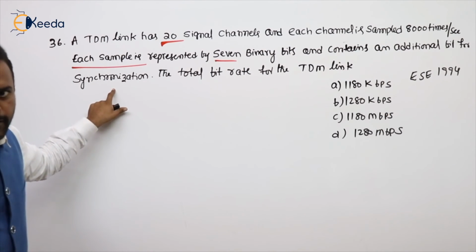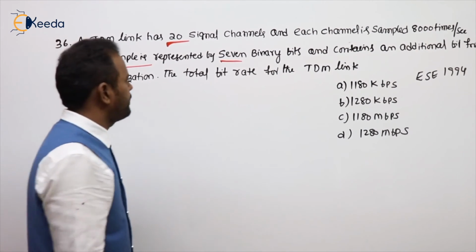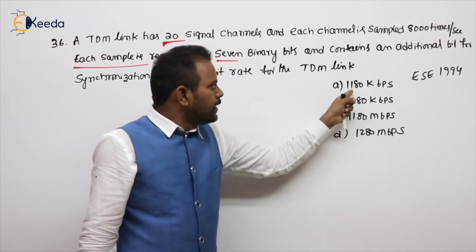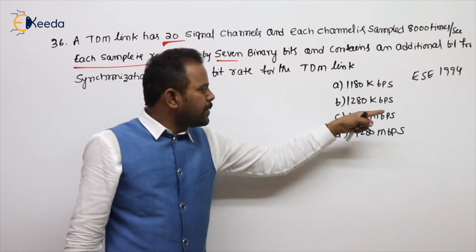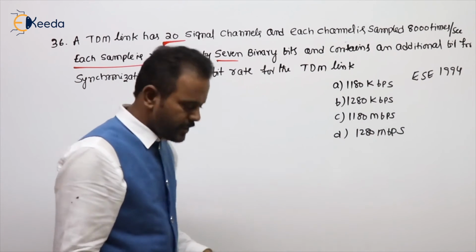Are you getting my point? So each sample has one synchronization bit. Try to concentrate. The total bit rate of the TDM link is: 1180 kbps, 1280 kbps, 1180 Mbps, 1280 Mbps.